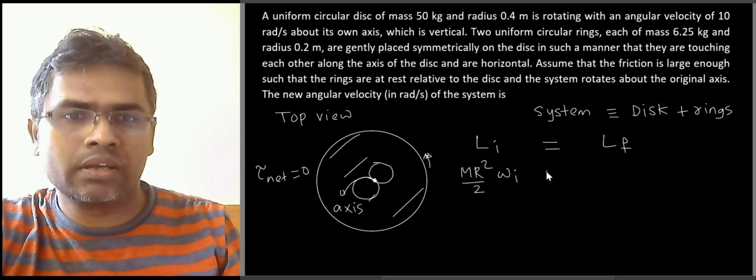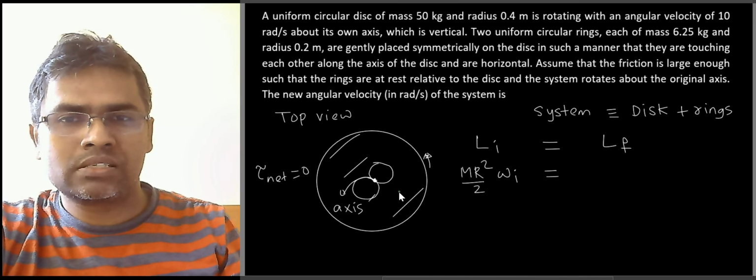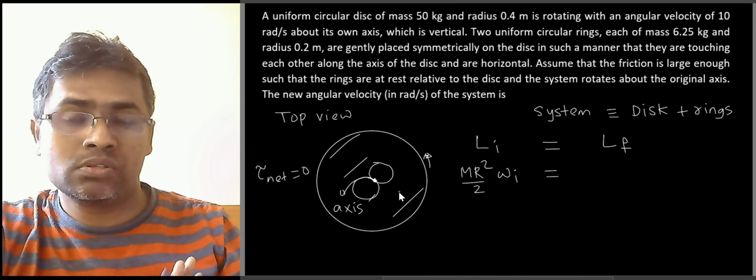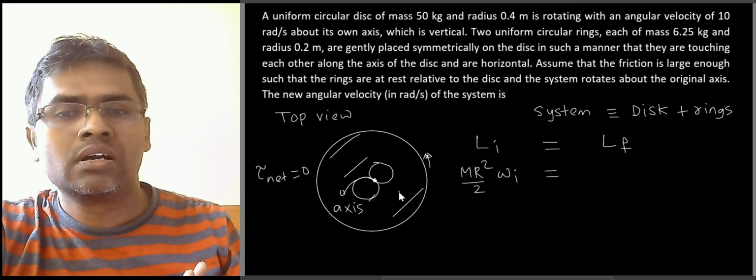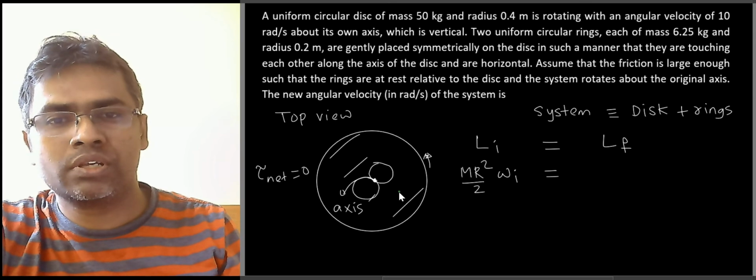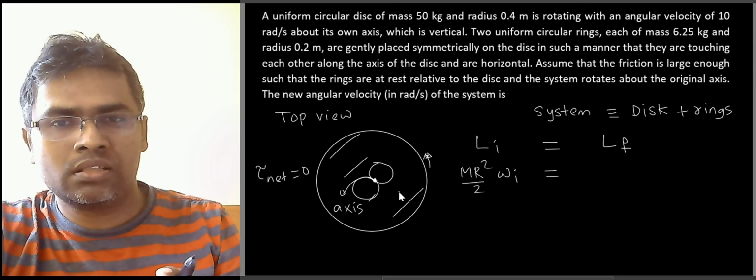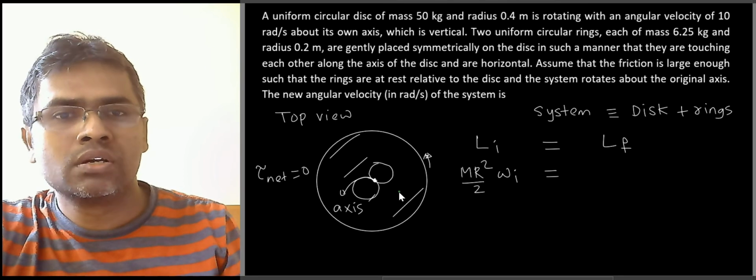So we can say I is m r square by 2 into initial omega. So let's say omega. Now finally, once you place these rings, the problem also mentions that there is sufficient friction that these two rings do not slip relative to the disk, they stay at rest. So they are in the position shown and they are rotating with the disk.